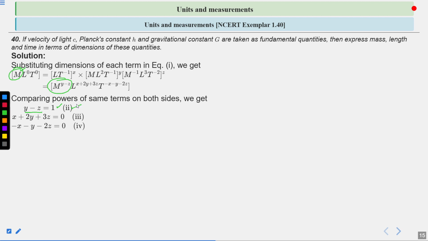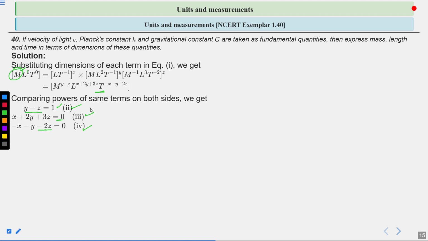Let this be equation second. Next, for L: x plus 2y plus 3z is equal to 0, because on the LHS, L is raised to the power 0. Next, for T: minus x minus y minus 2z is equal to 0. Let this be equation 4.